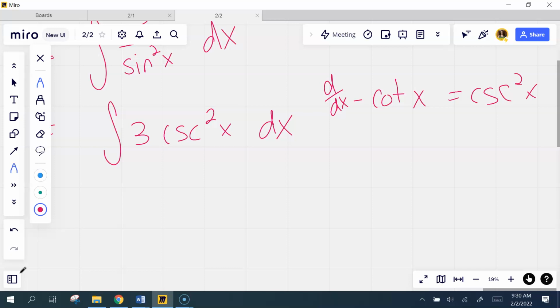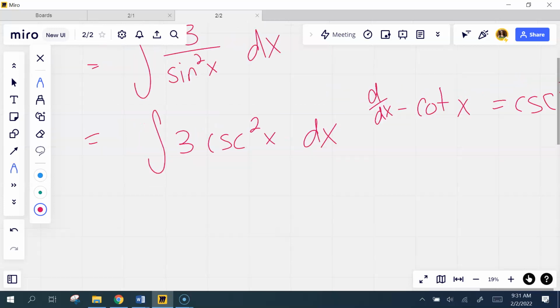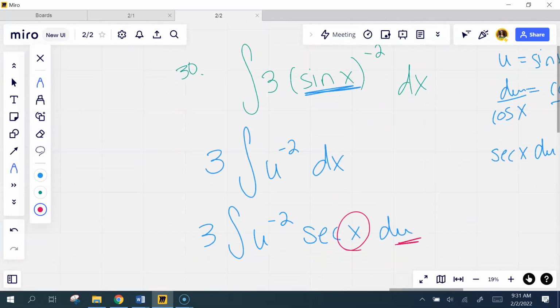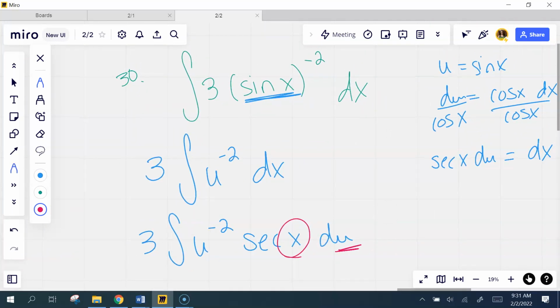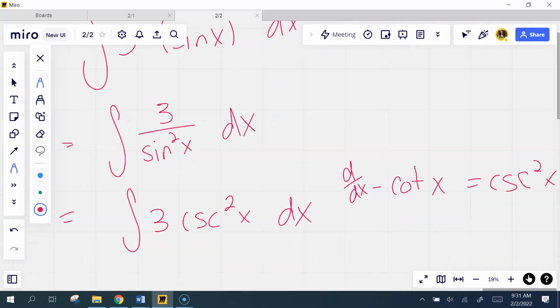Now can you do it? I set you up a little bit on that one, I'm sorry. I want you to flounder a little bit because I want you to see how you could go through a thought process and you plug it in and when you know it won't work. You see what I'm saying? Because my initial gut on something like that, if I didn't recognize, would be to let u be sine x. And see what happens and why that doesn't work.